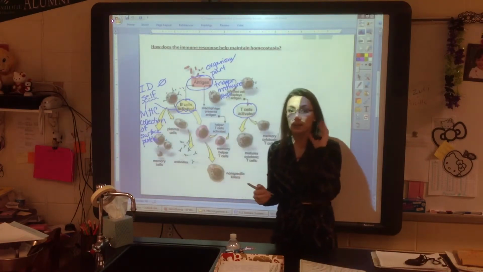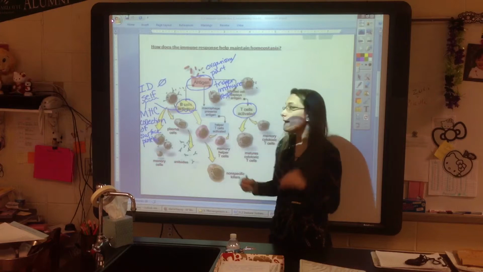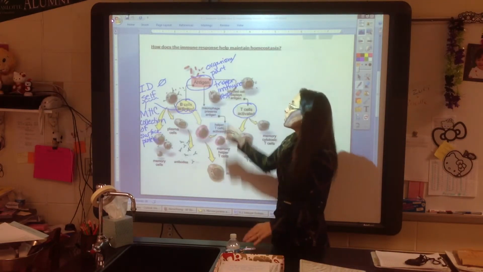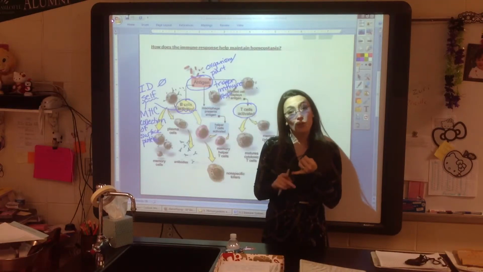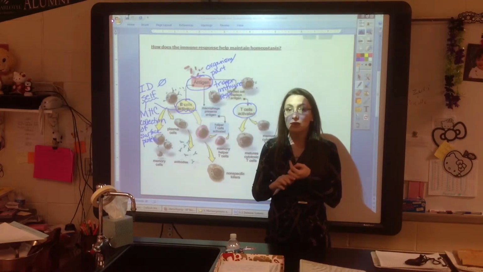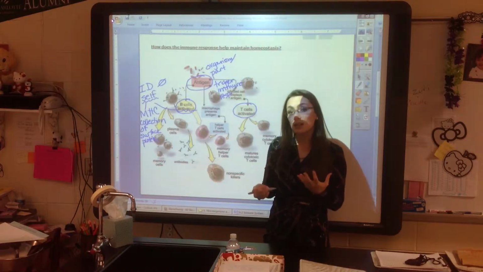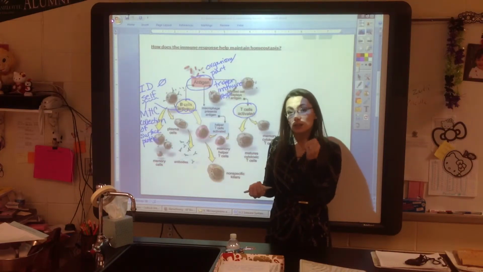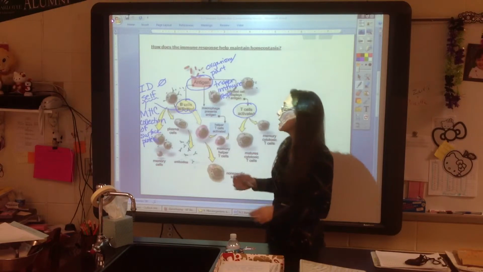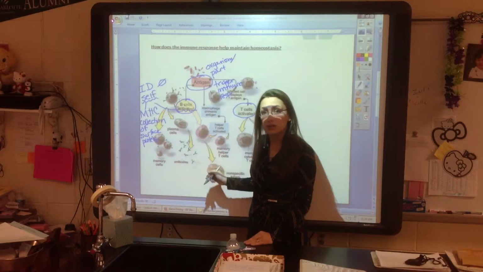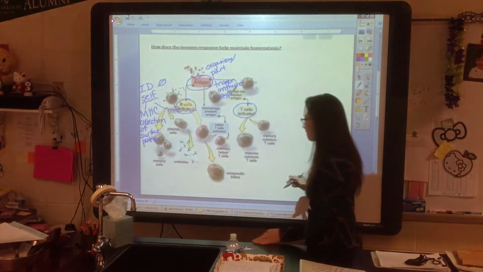All of your cells have certain proteins or shapes, and your B cells and T cells are able to identify them as self. This antigen can be a microorganism. It can even be parts of a microorganism. It can be things like pollen, which isn't a living thing. That's the sperm from a plant in a pollen grain. And so lots of things can act as antigens and trigger these immune responses.